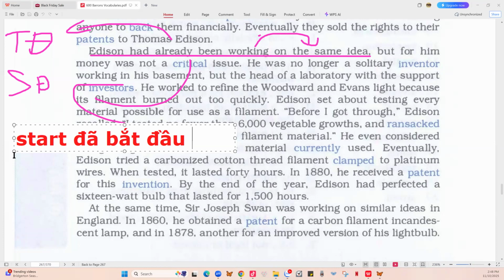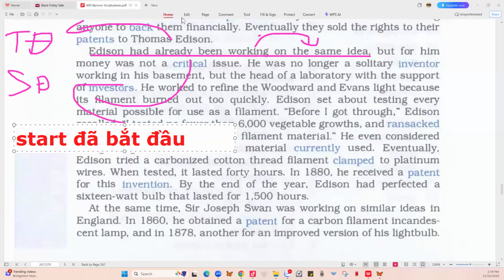Edison had started working on the same idea and he, and he continued researching it. Researching what? Researching the light bulb. Yes, and he continued researching the light bulb.